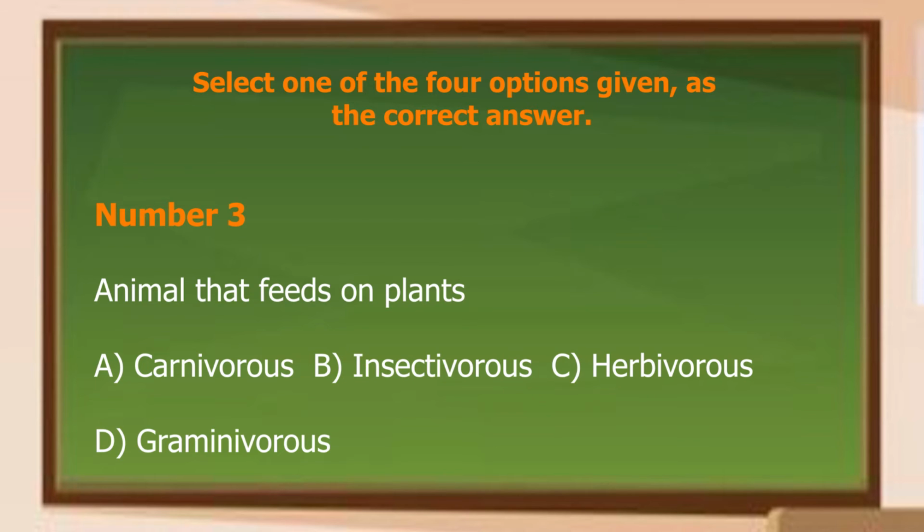Number 3, animals that feed on plants. What's one word that we can use? The options are A, carnivorous, B, insectivorous, C, herbivorous, or D, graminivorous.